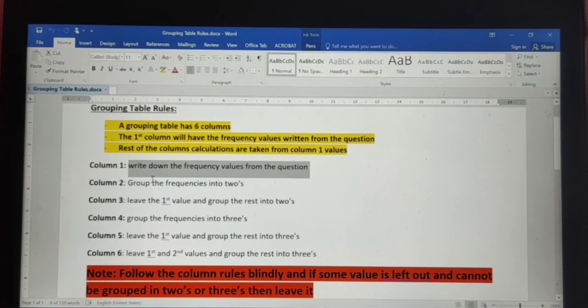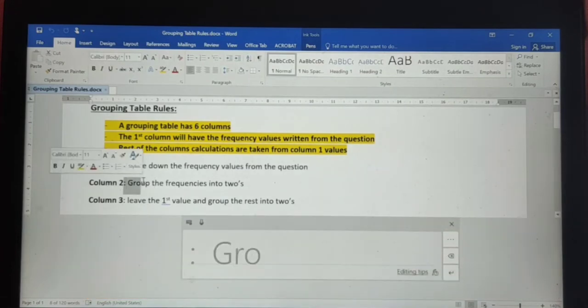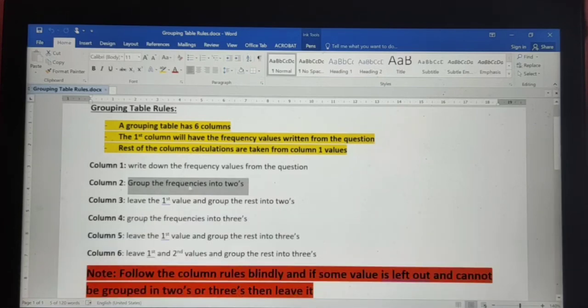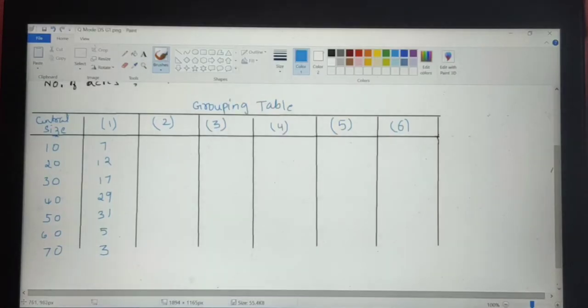Now if you go back to these rules, look at the column number 2 values: group the frequencies into 2s. When you have to group it into 2s, we take the values from the first column. When I put the brackets for 2 numbers, I have only 3 left out in the end.